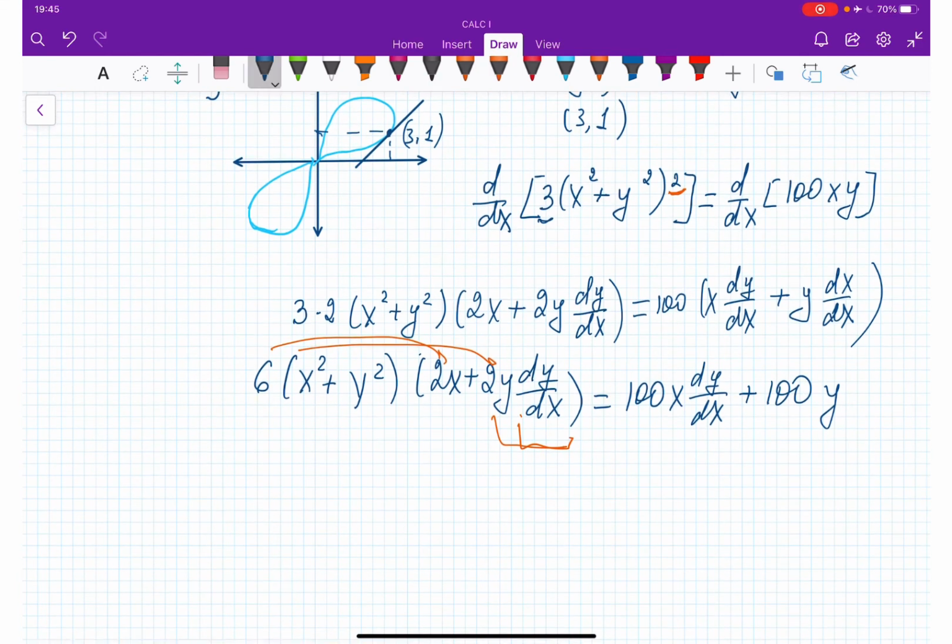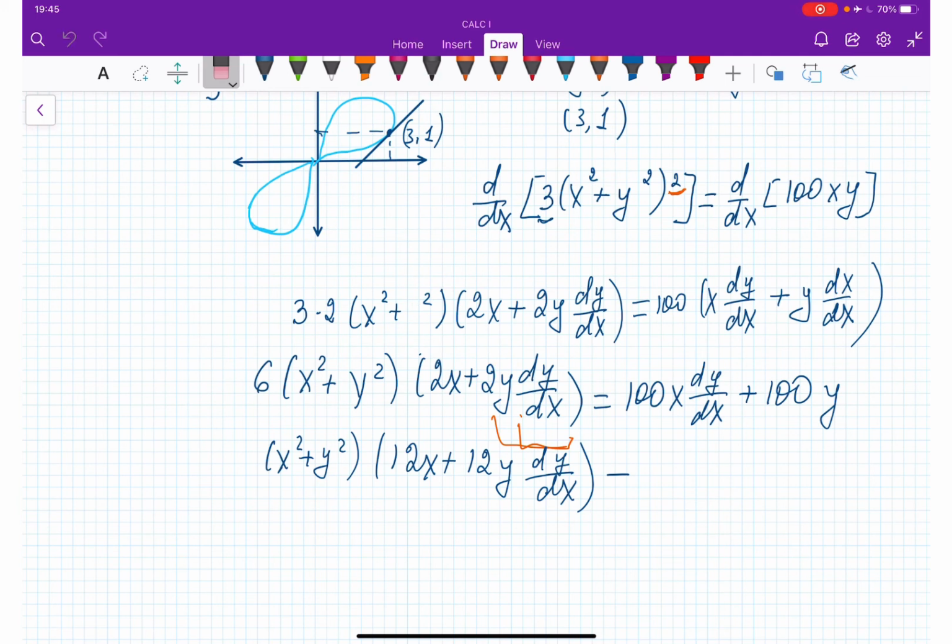So it's going to be x squared plus y squared, and here I have 12x plus 12y dy by dx minus, I'm bringing this one, let me clean here, minus, I'm moving this dy by dx to this side, collecting on one side, minus 100x dy by dx, here is equal to 100y.